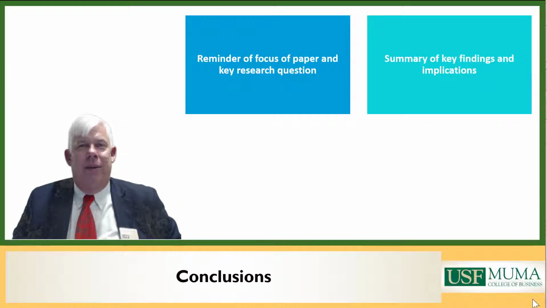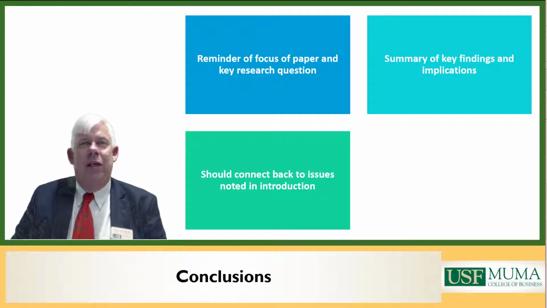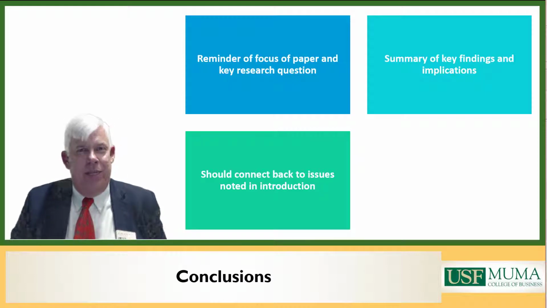We want a summary of the interesting findings and implications, those things that weren't necessarily what we came in expecting. We want to connect back to the issues in the introduction. Again, this is part of the LIFO model.